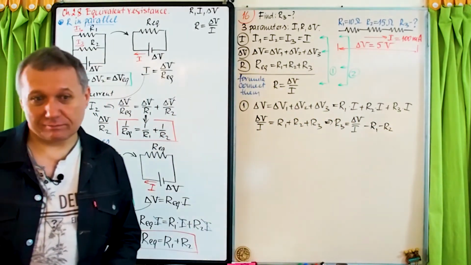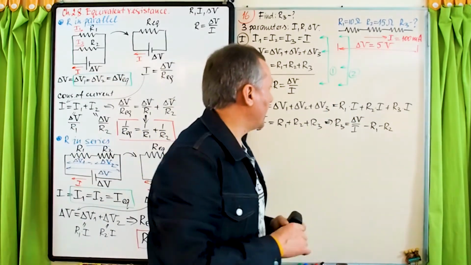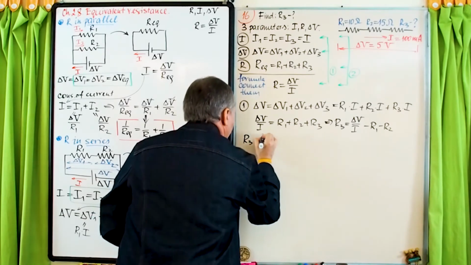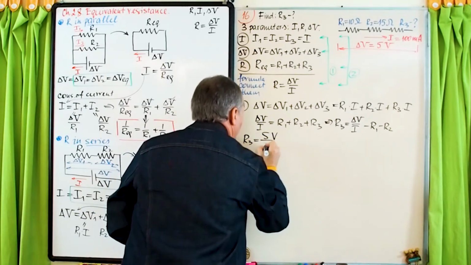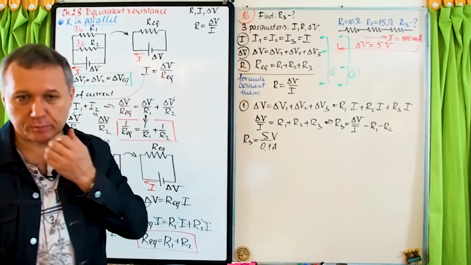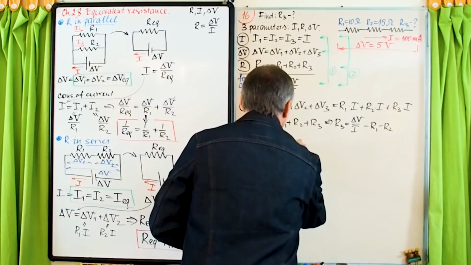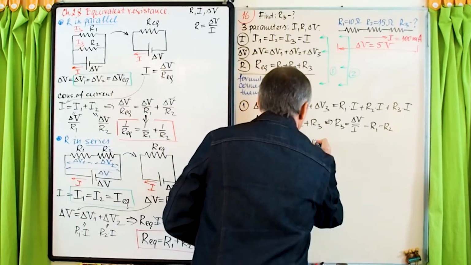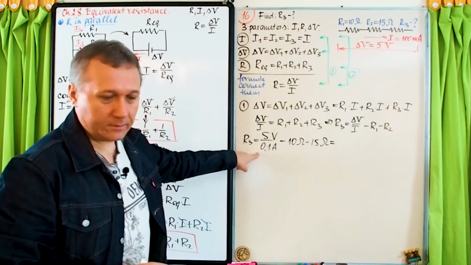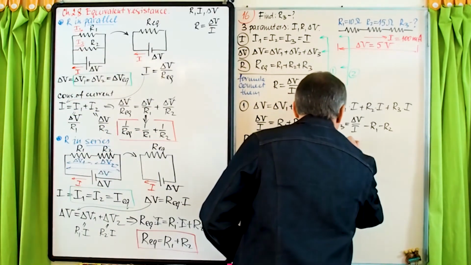Plug in numbers, and it's done. R3 equals 5 divided by 0.1 amps, since 100 milliamps is 0.1 amp, then minus 10 and minus 15 ohms. So this will be 50 minus 10 minus 15, so it's 25 ohms.